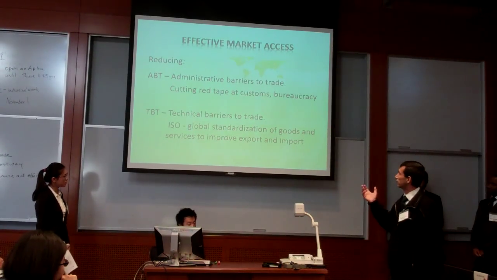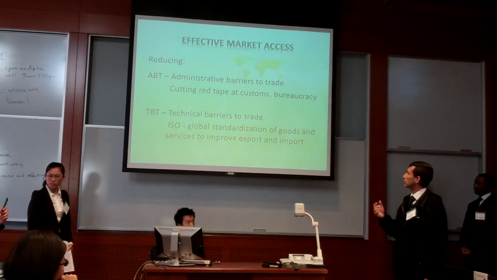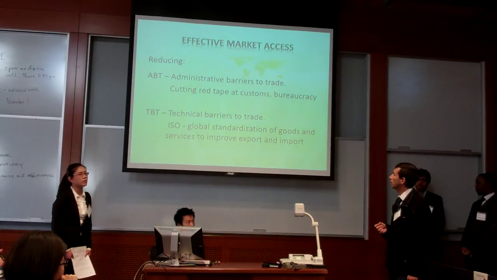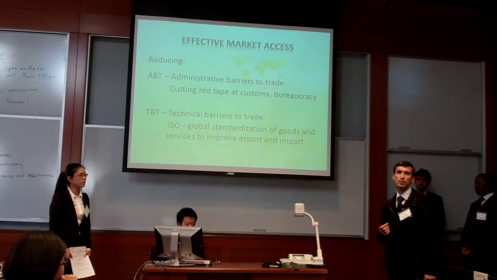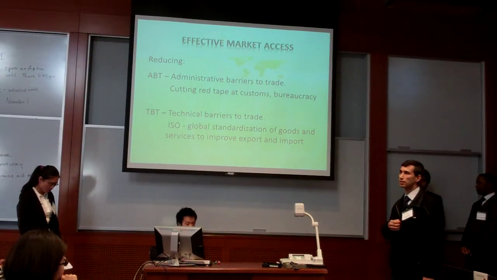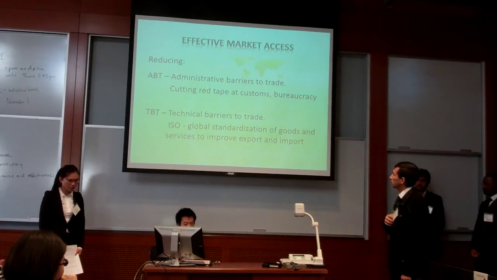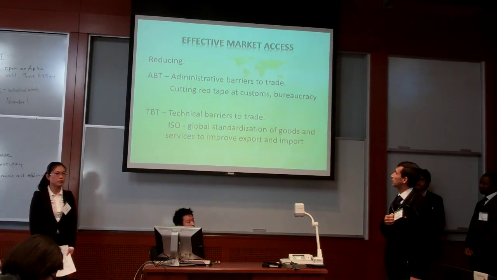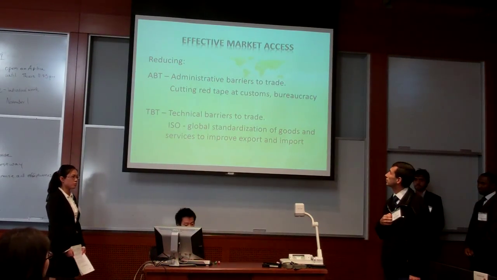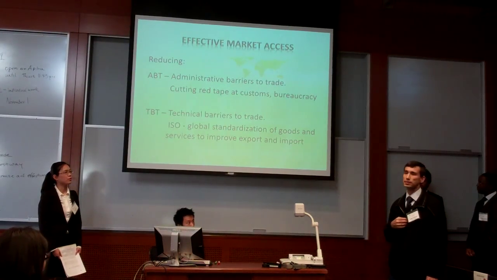So if they improve their export and import relations, they will have the opportunity to use product diversification, and they can also increase their trade turnover, which means that they can also improve the economy. These two things are very important for proving that aid for trade is one of the effective ways of aid effectiveness.